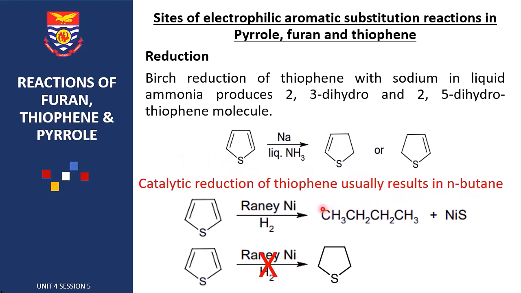It's a complete ring-opened product of a four-carbon hydrocarbon chain, right? An alkane chain. So in the catalytic reduction of thiophene, this product is never formed. The saturated heterocyclic ring is completely destroyed to form a straight chain hydrocarbon comprising 4 carbons.